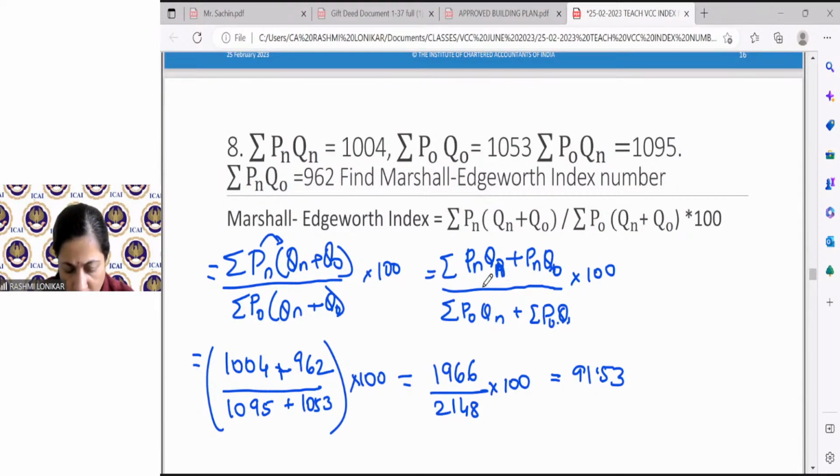Mehak, what do you mean by defaulted value? Qn upon Q0? Qn plus Q0, okay? For Marshall-Edwards, because we find the average of the current quantity and the base quantity, we have Qn plus Q0, okay? No, I think you meant that.